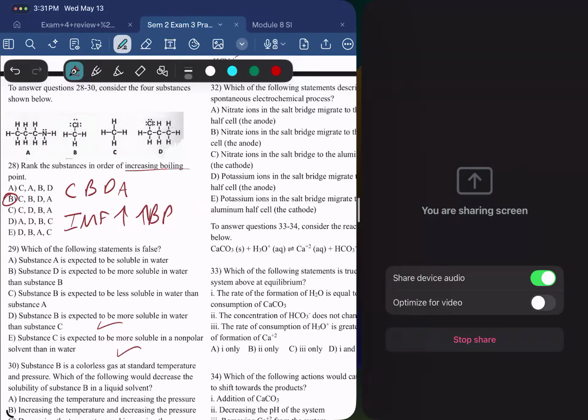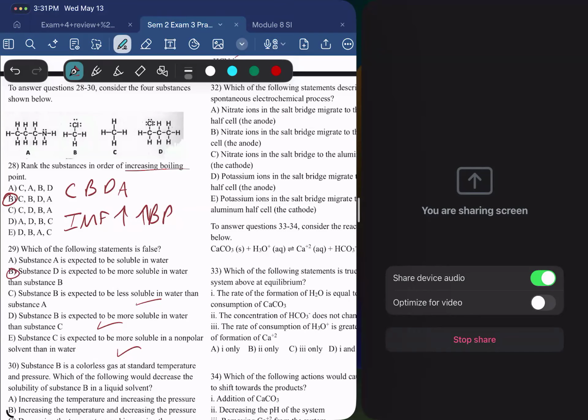Substance B is expected to be less soluble in water than substance A. Less soluble. Yeah, that's also true. D, substance D is expected to be more soluble in water than substance B. So this is wrong.